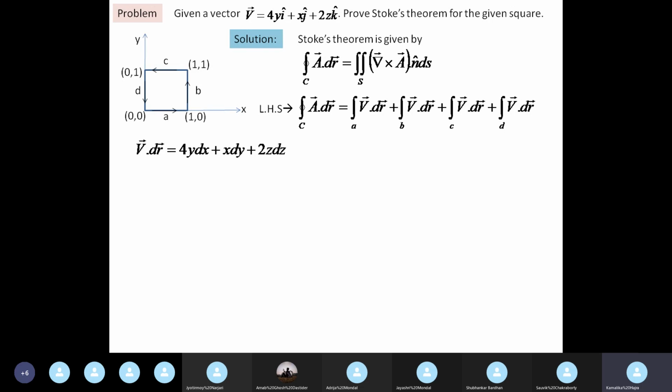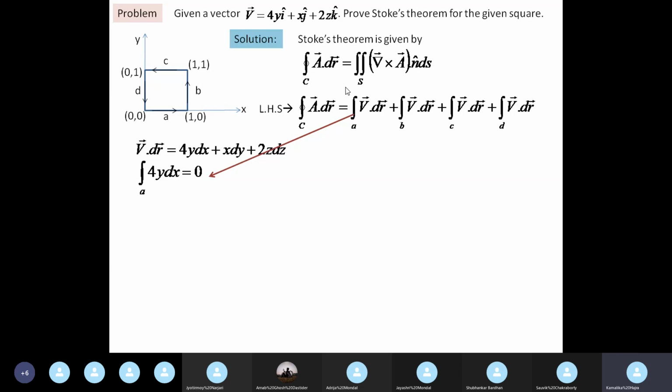So for the first integral, v dot dr along this, from this point to this point. v dot dr is 4y dx plus x dy plus 2z dz. For the first step, that is a, dy is 0. There is no dz over here. We are confined to the xy plane.